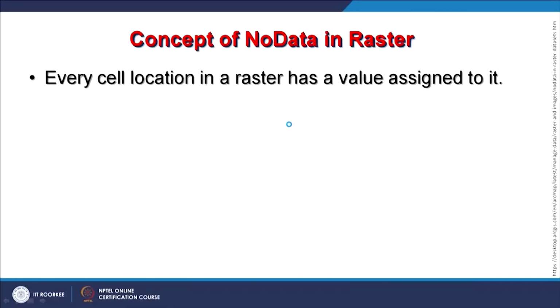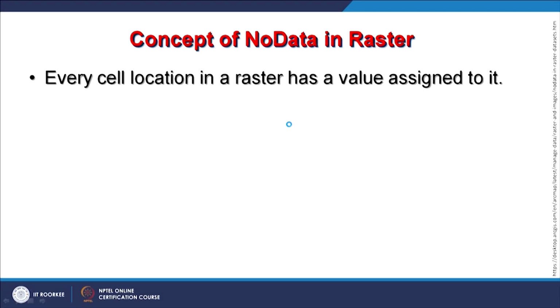For that, this concept was developed, which is called NoData. NoData means there is some value, but it is not 0. So, NoData is not 0, this is the first statement here.